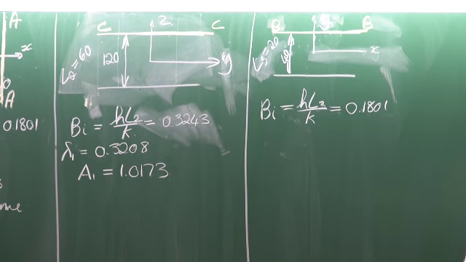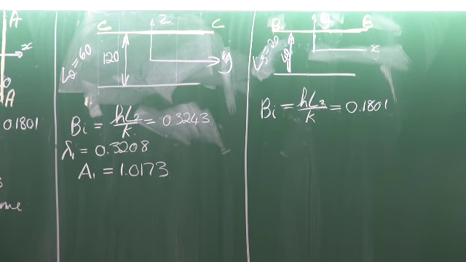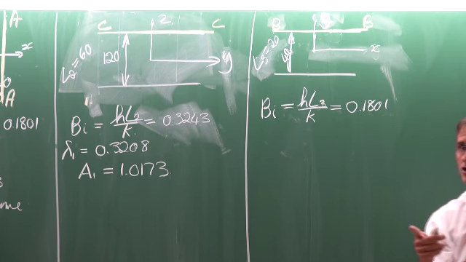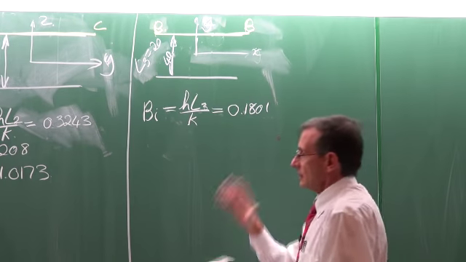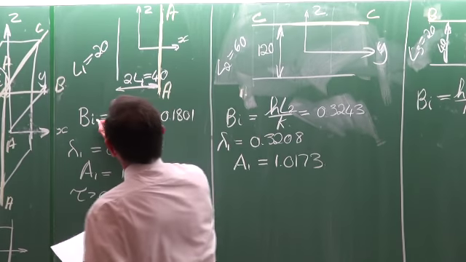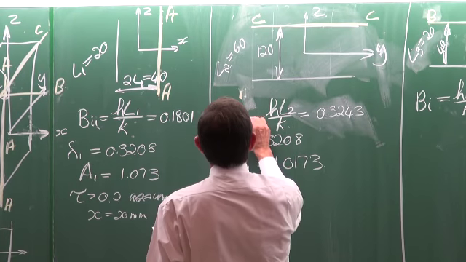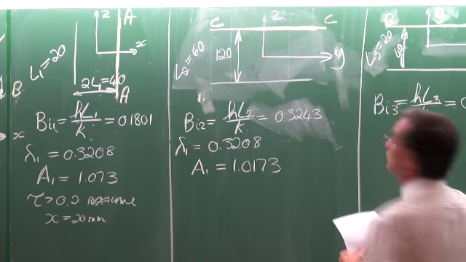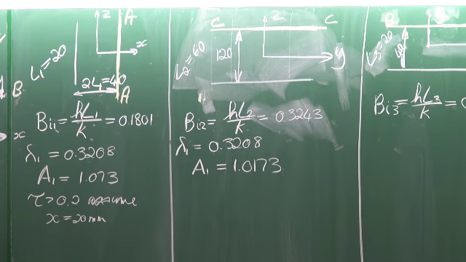Do you see that all the Biot numbers are not the same? Because the dimensions are not the same. Because this can be so confusing, let's number them: the first Biot number, the second Biot number, and the third Biot number.